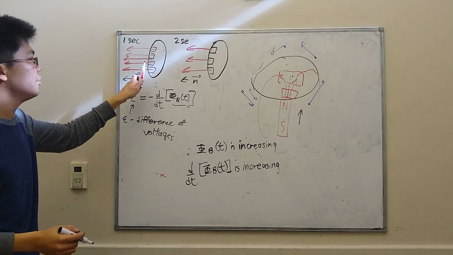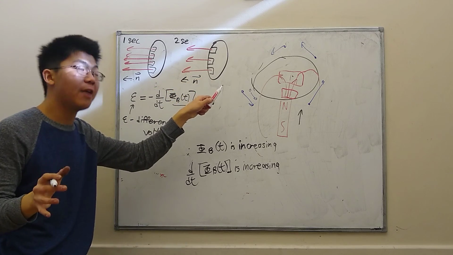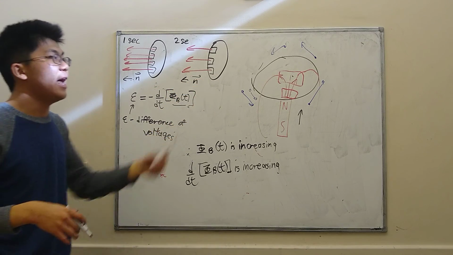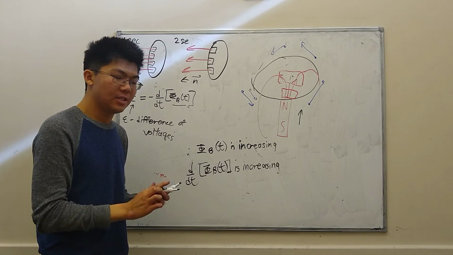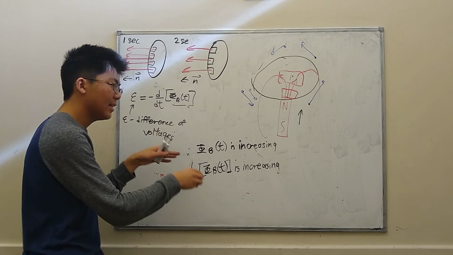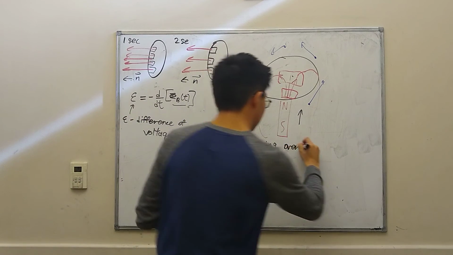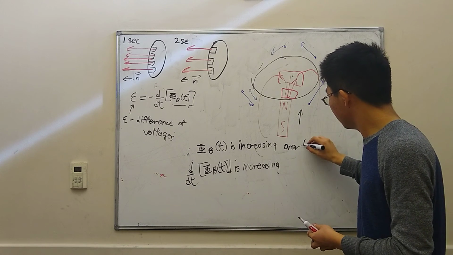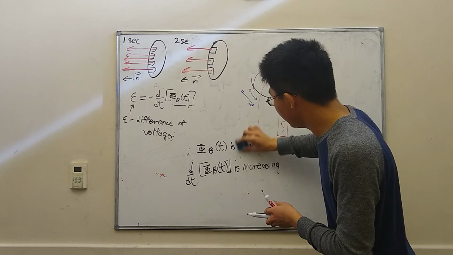So, compared to the previous case where we had 5 arrows, now we have 3 arrows left. And the same thing will go for the 3rd second case. So, instead of having the magnetic flux increasing over time, now it's going to decrease.